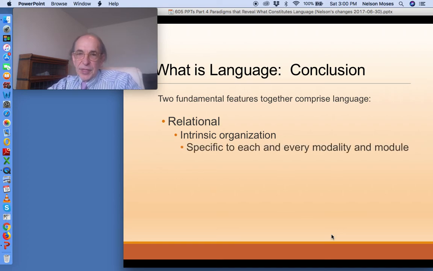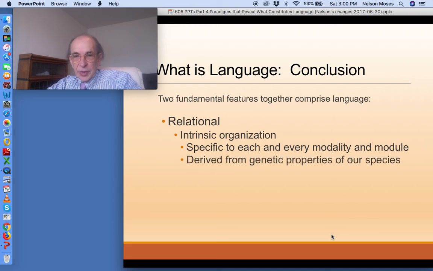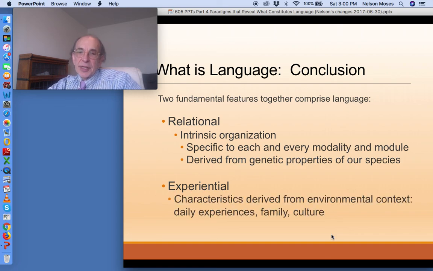It's specific to each and every modality and module of language, and I do recognize this relational organizational business is derived from genetic properties of our species, if I can say that without being too off-putting, and also experiential things we have to assess, such as characteristics of language derived from the environment, daily experiences, family, and culture.